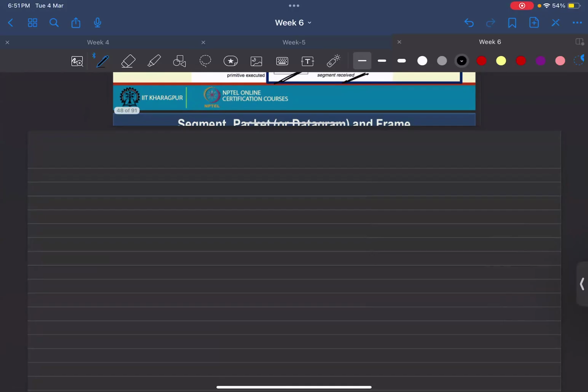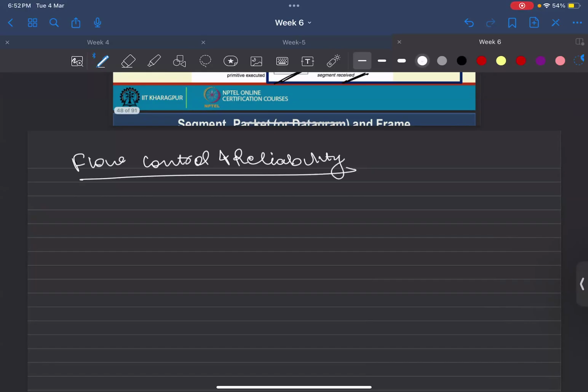So we have done the ARQ protocols and flow control and reliability, and then we have also done congestion control services. In flow control and reliability, we have used various ARQ protocols, stop and wait, then go back N and SR protocol.